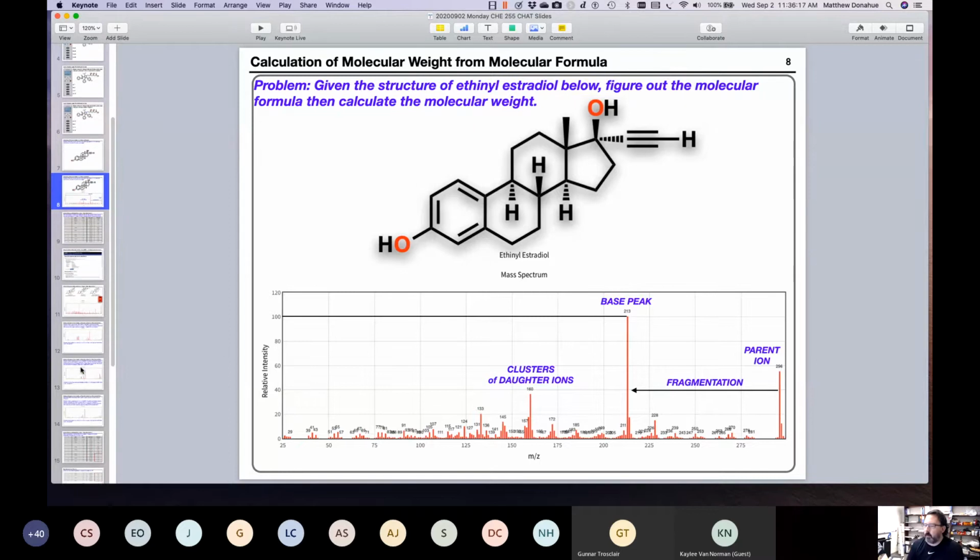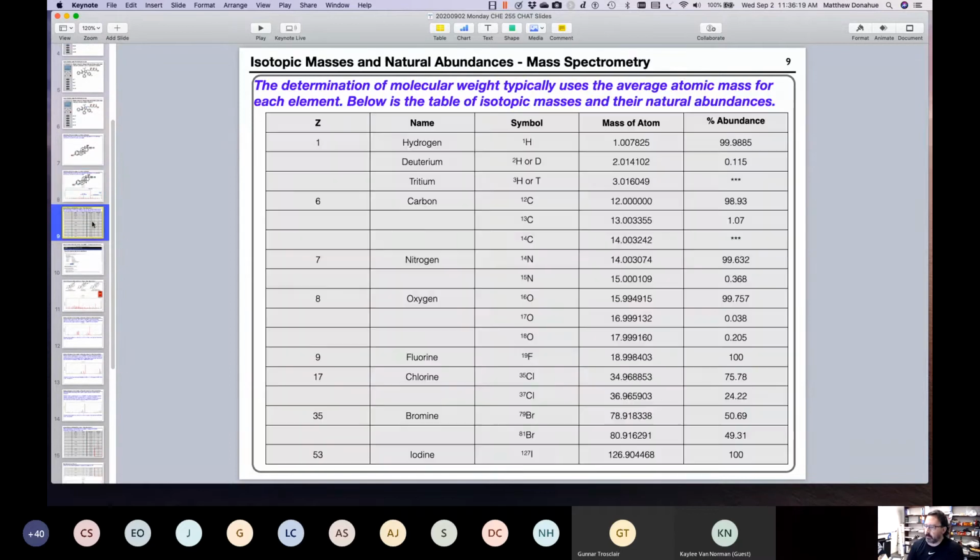So a little bit more on the theory here. Mass spectrometry deals with atomic masses, and if you remember, elements can have isotopes, so we have to consider the isotopic masses of those atoms and their natural abundances. I'll create a screencast for this that you can watch at a later date in a little bit more depth.